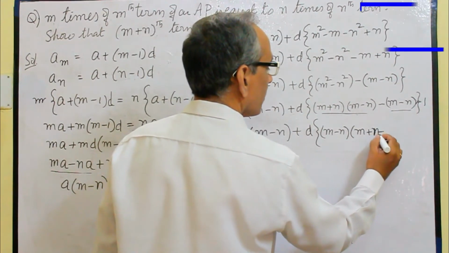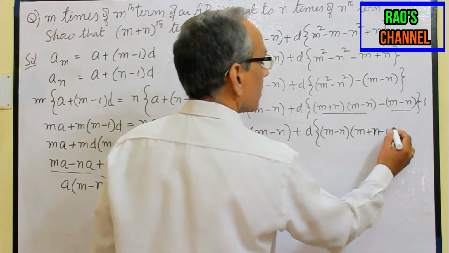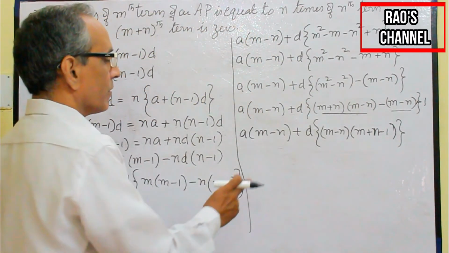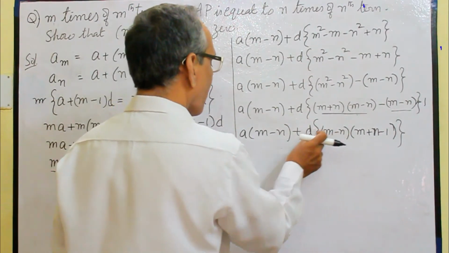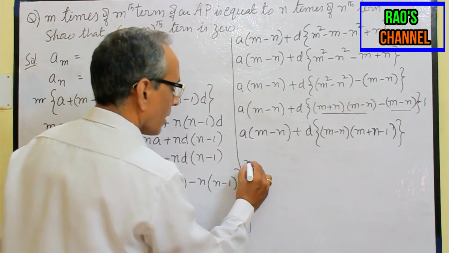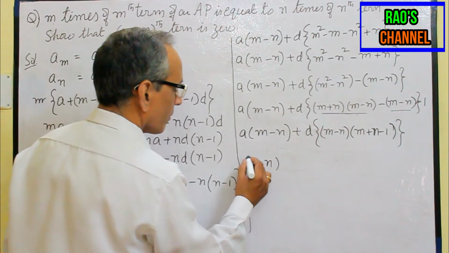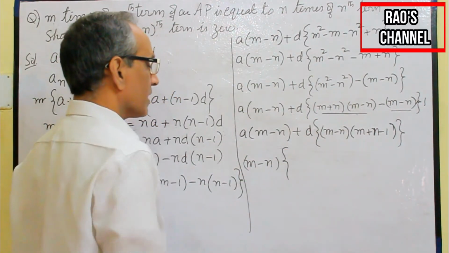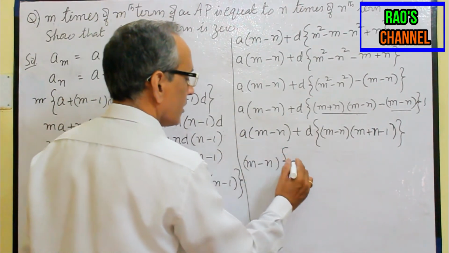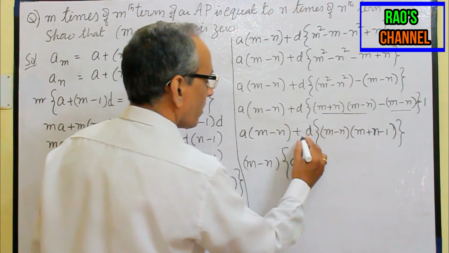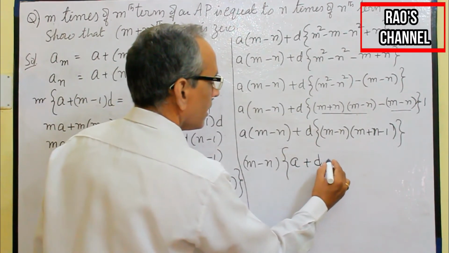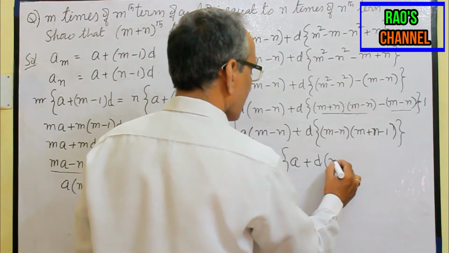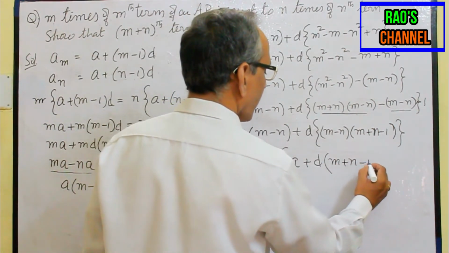Again we have the common factor m minus n in both. Taking m minus n as the common factor, the uncommon factors are A in the first term and plus d(m plus n minus 1) in the second term.